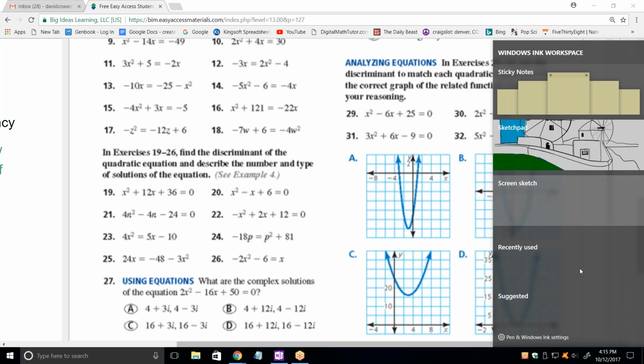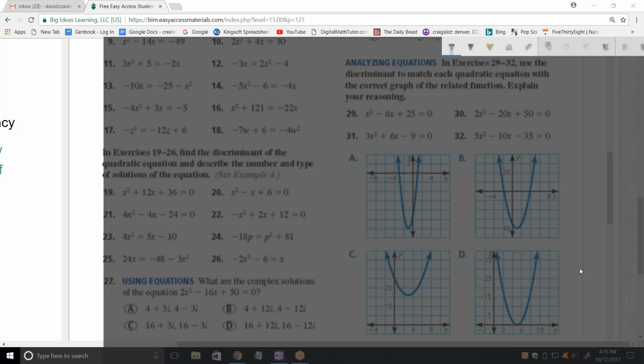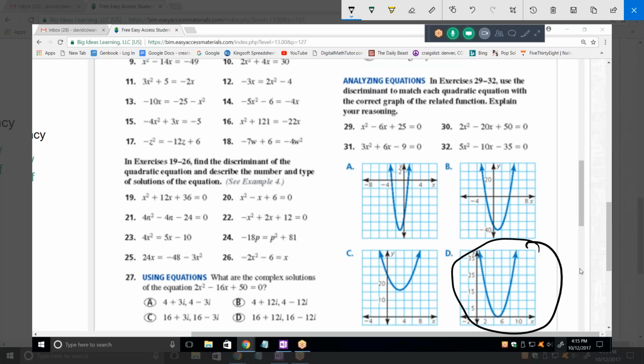In other words, this one right here is the one where the discriminant is equal to 0. This is the one where the discriminant is negative. And then the other two we'll have to figure out.